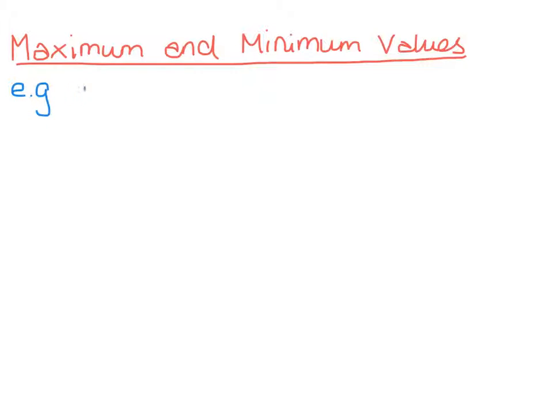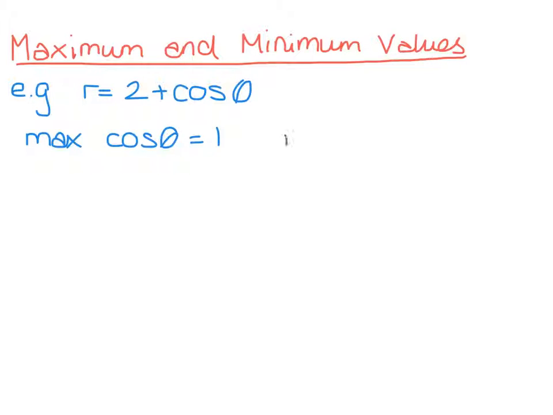If you were given r equals 2 plus cos theta, we know that the maximum value of cos theta is 1, and we know that the minimum value of cos theta is minus 1.